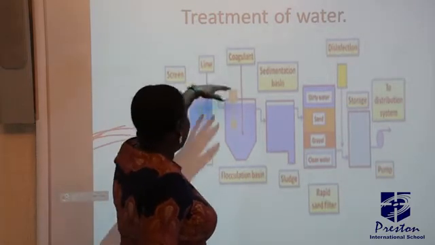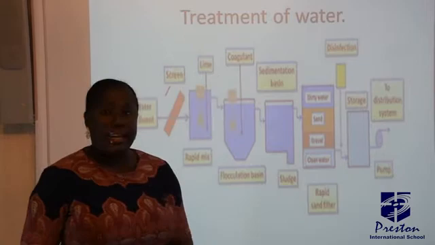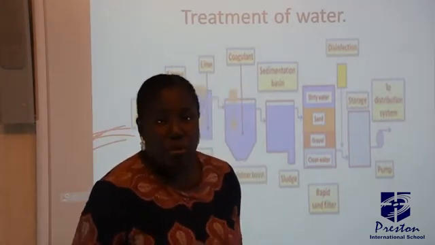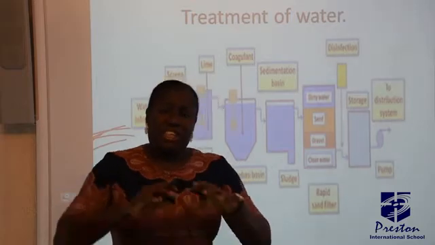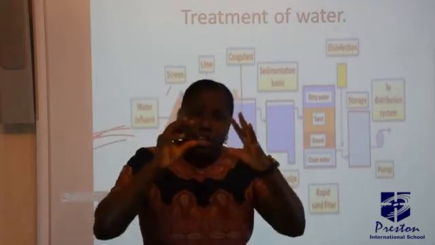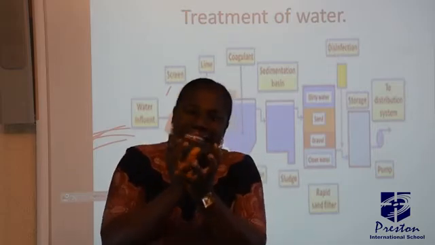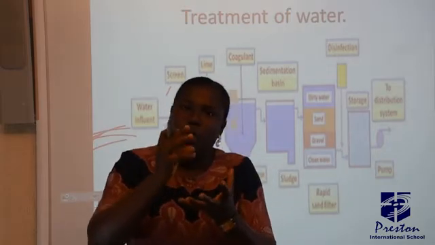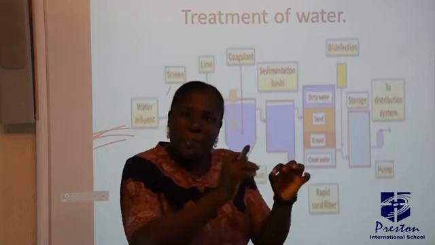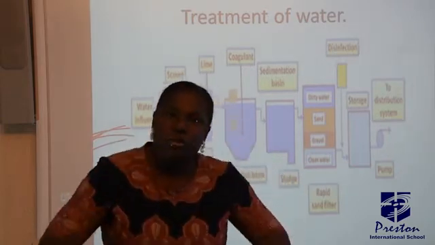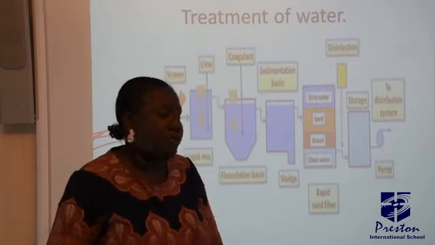In that basin, you're going to have a coagulant introduced. For example, we can add alum. Now, the function of that is to cause the coagulation of the fine particles into a larger size. And that is what we call floc. So the fine particles will now come together, coagulate and go to the bottom of the basin.